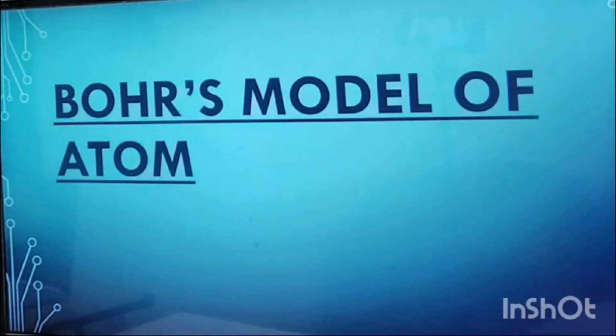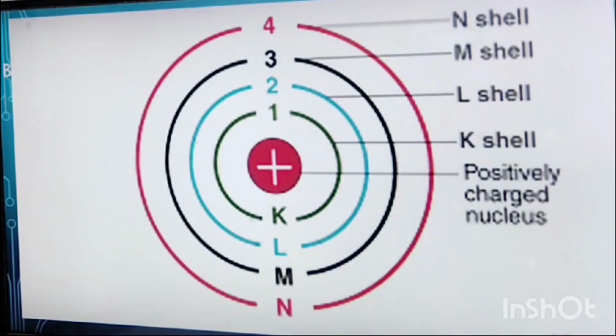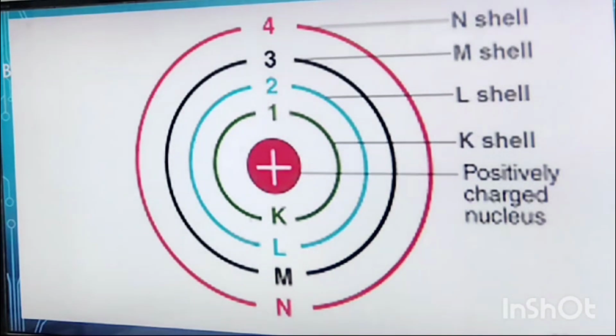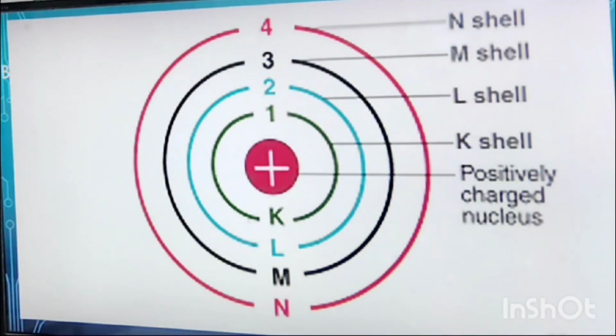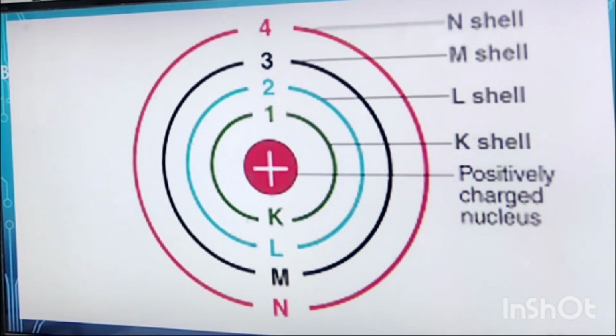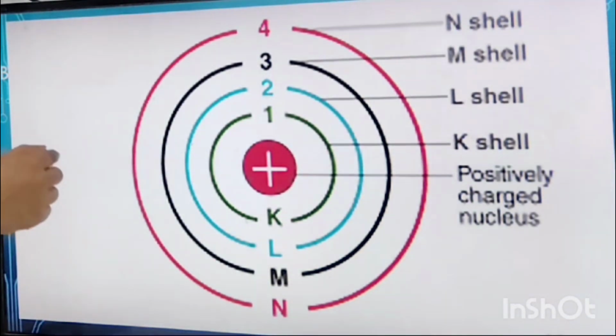Next we come to Bohr's model. Rutherford's model had one defect, so it was modified by Bohr. Bohr said that the atom has a nucleus, right? It contains neutrons and protons. Electrons are present in fixed orbits.